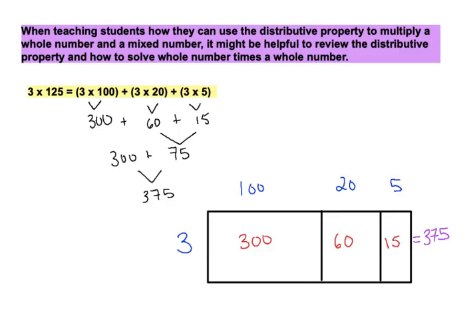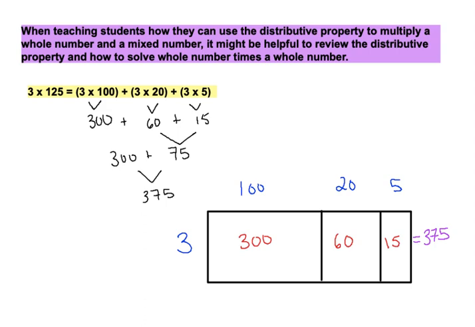So when teaching students how they can use the distributive property to multiply a whole number and a mixed number, it might be helpful to review the distributive property and how to solve whole number times a whole number. So here we have the example 3 times 125. And when we studied this in an earlier unit, we saw that we can expand that second factor, 125, into 100 plus 20 plus 5, and multiply each of those numbers by 3.